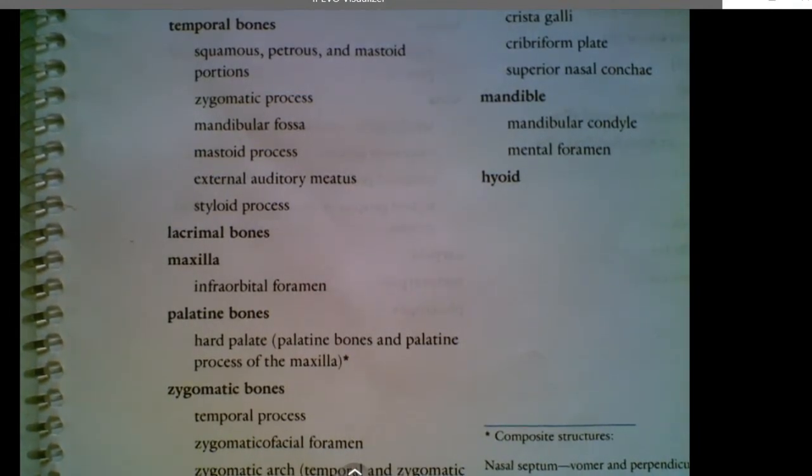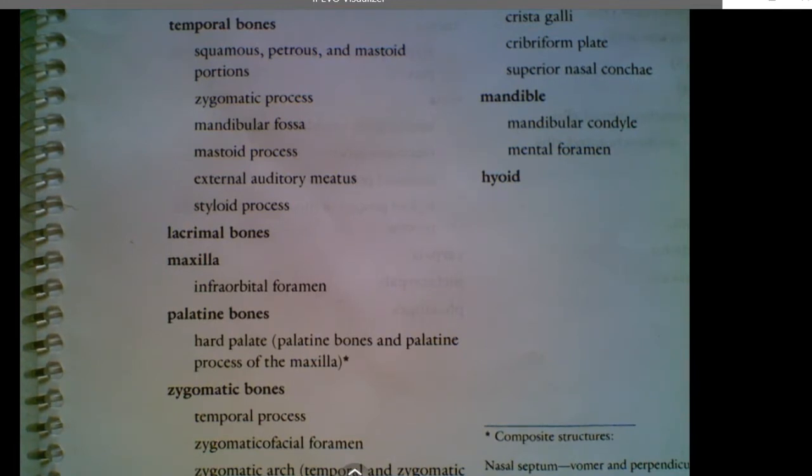I'm going to split this information into 2 videos, so make sure you watch both of them. But in this first video, we're going to cover all of the rest of the bones, with the exception of 2 in the skull that I'm going to save for the second video. And then you'll be all caught up.